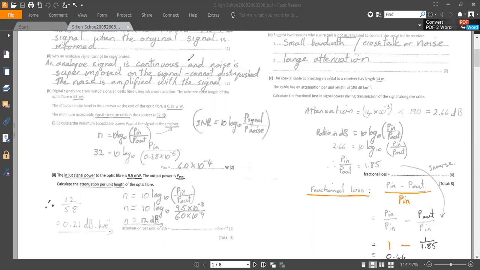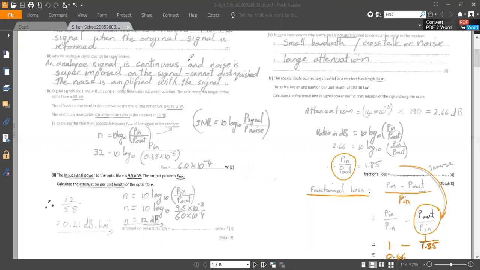Minus. Now, in the previous question, what did we get? We got power in over power out is 1.85. And you say you've got that. That's fine. But look at this equation: it is power out over power in, the inverse. So if we change it, it is 1 over 1.85, and if we do that calculation, we get 0.46.